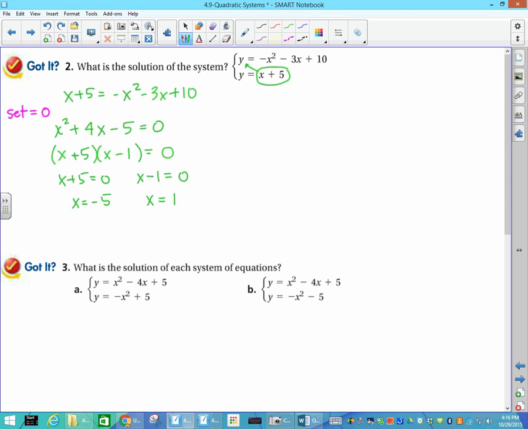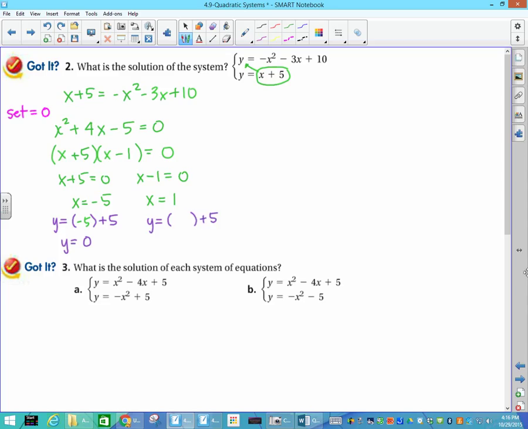So I'm going to say, well, y equals whatever I have for x plus 5. And what is my x value? It's negative 5. So I'm going to find out that negative 5 plus 5 equals 0. And over here, y equals, again, x plus 5.